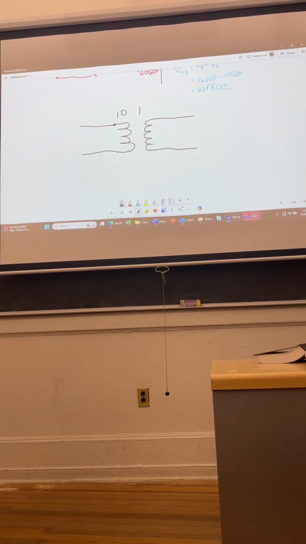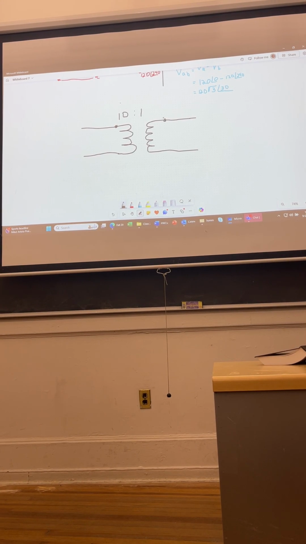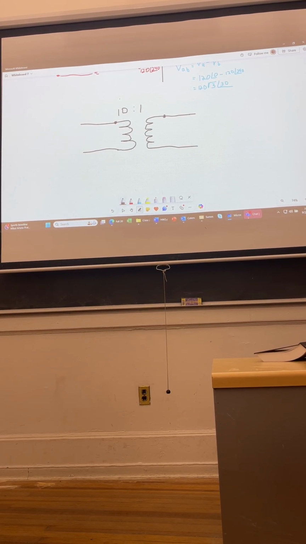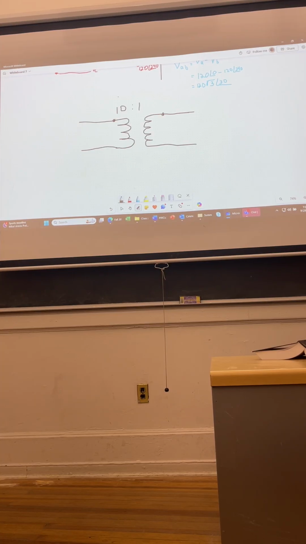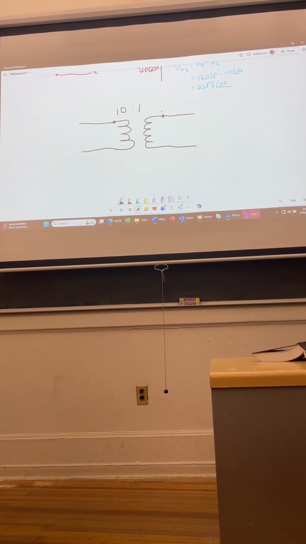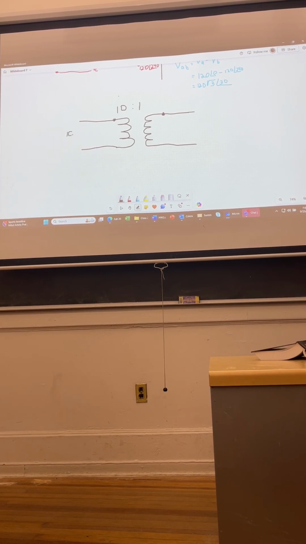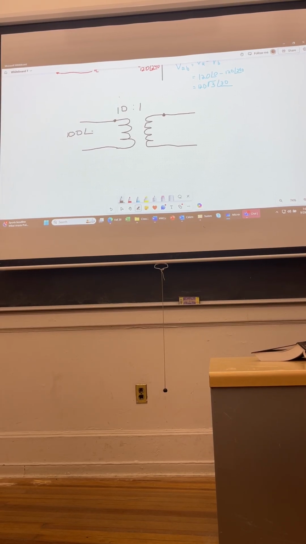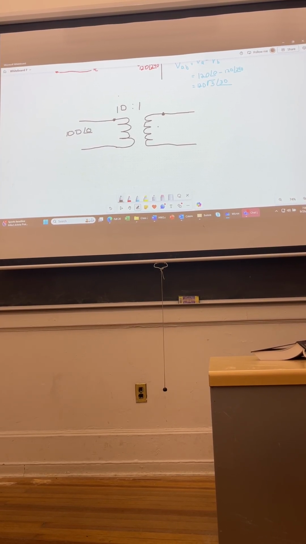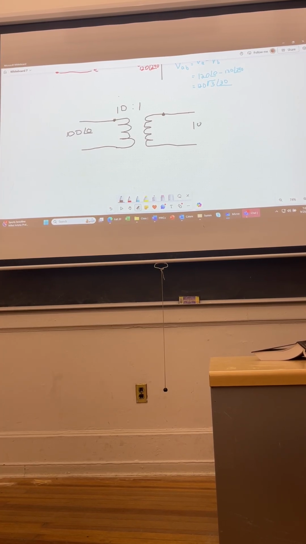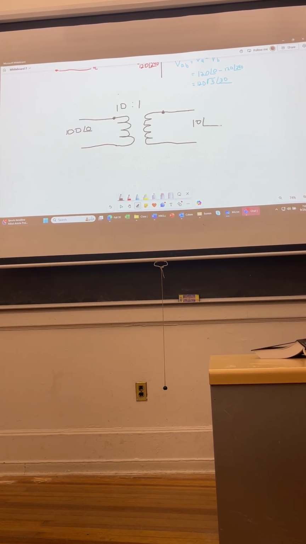It's a turns ratio, yeah, turns ratio is 10-to-1. So there's 10 times the amount of turns on the left side than there is on the right side. These are our polarities. So if I apply 100 volts here at 0 degrees, I'm going to get 10 volts here, also at 0 degrees.